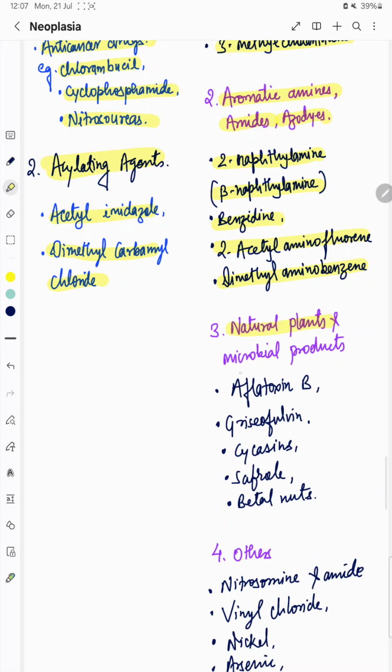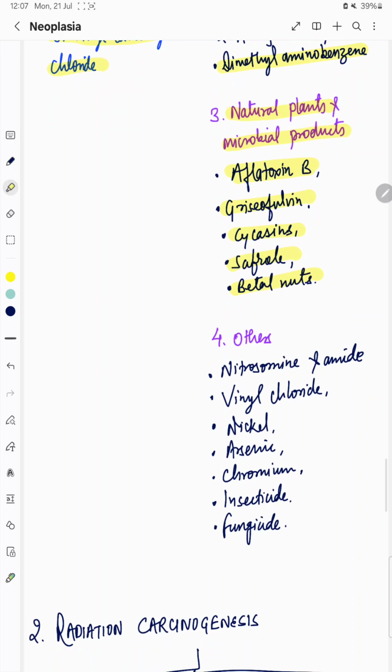In natural plant and microbial products, we have aflatoxin B, griseofulvin, cycasin, safrole and betel nut. And in others, among indirectly acting chemical carcinogens, we have nitrosamines, amides, vinyl chloride, nickel, arsenic, chromium, insecticides and fungicides.